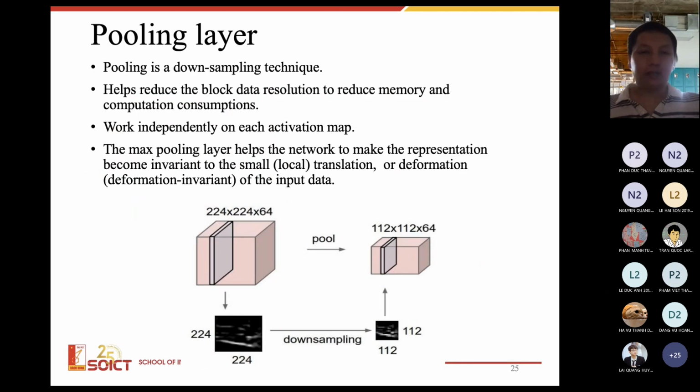Okay. So now we discuss the pooling layer. Pooling is actually a downsampling technique, used to reduce the data resolution in order to reduce the memory and the computational consumption. This is an example of the pooling layer.